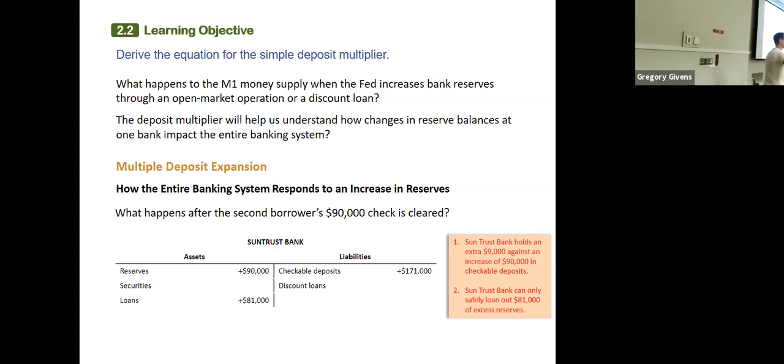So the third transaction that we've talked about in this example once again expands the supply of money in the economy by an additional $81,000 because it's increased checkable deposits in the economy by exactly $81,000.